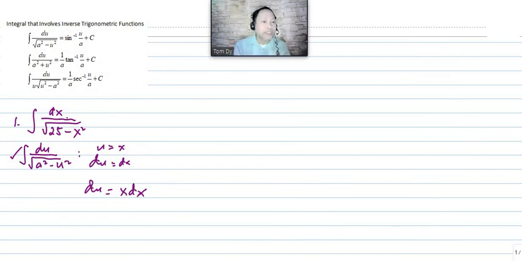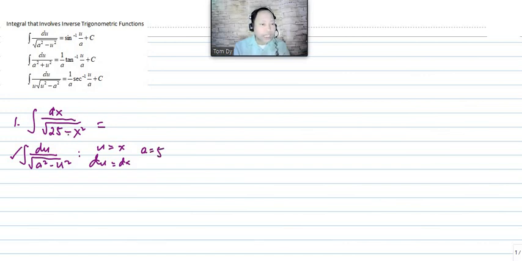Since our given here is dx only, and we find our du as dx, then we will be using this formula. I will erase this one. By following this formula, take note our a here is 5. A is equivalent to 5.